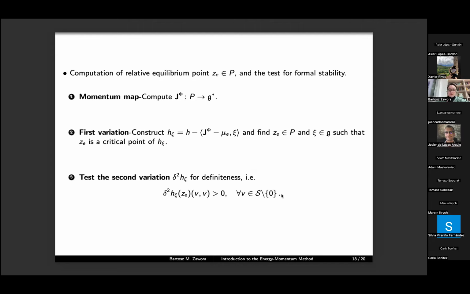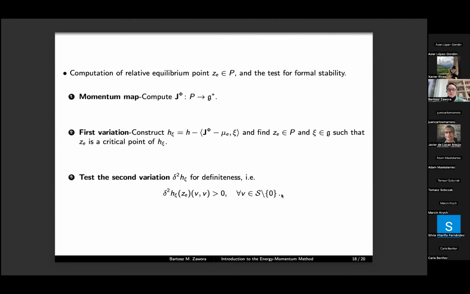Exactly. And also the advantage is that it gives a way to compute these relative equilibrium points, since in many cases it's very difficult. You would have to reduce the whole system and look for the equilibrium points of the reduced Hamiltonian system.